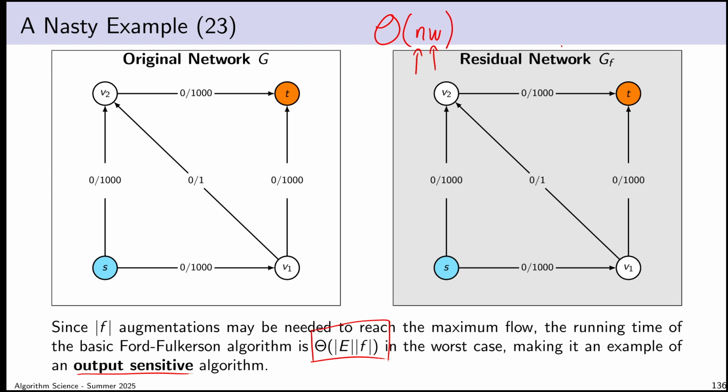And so the algorithm for subset sum is very sensitive to the specific characteristics of the input values, but it's not output sensitive. Somebody using the subset sum algorithm would know in advance, when they provide a very large value of w, that the algorithm might be slow. Whereas it might not be possible in advance to know what the value of your maximum flow is going to be.